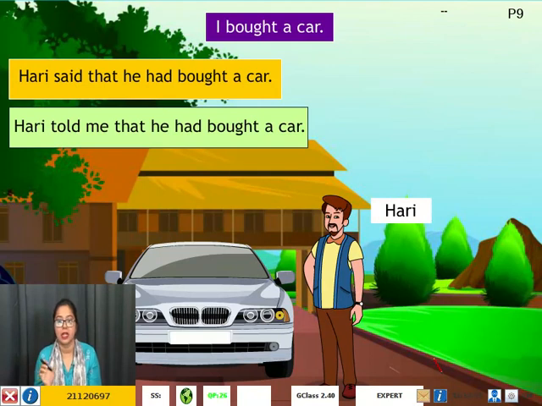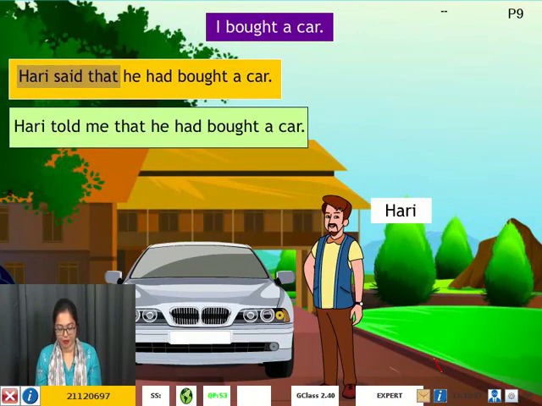Basically, that is used as a connector in most of the sentences when we convert from direct speech to indirect speech. So I bought a car is in direct speech. Have a look at the first sentence: Hari said that he had bought a car. And the second one is: Hari told me that he had bought a car.